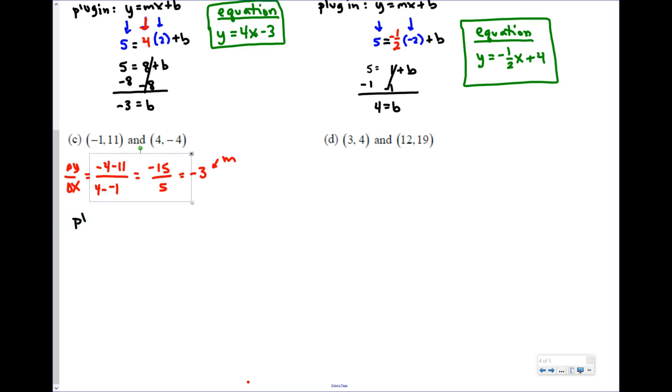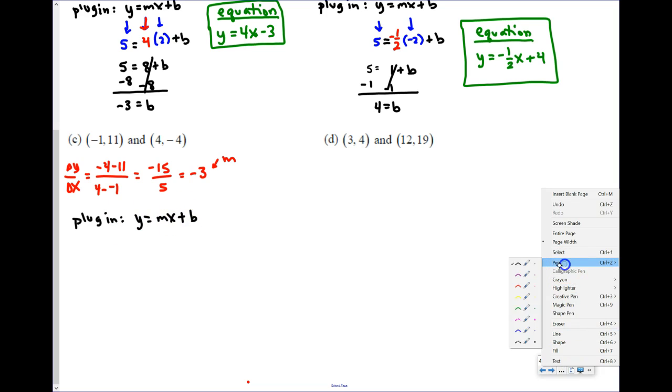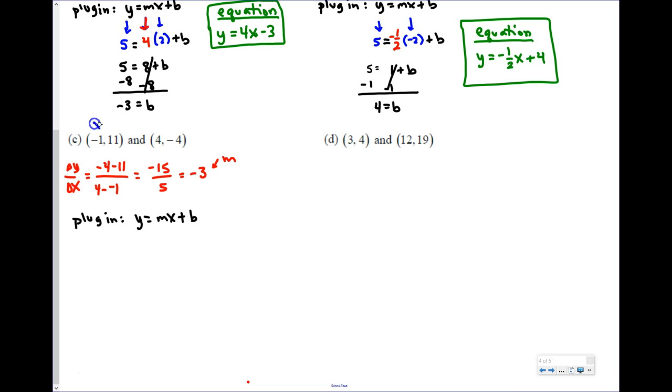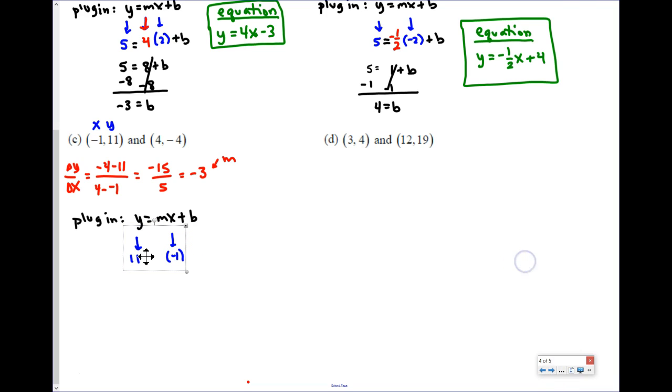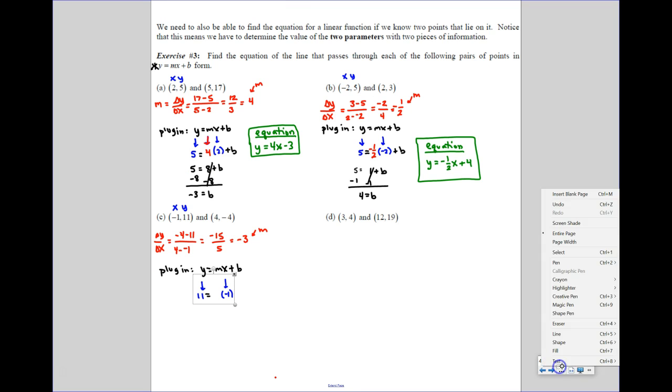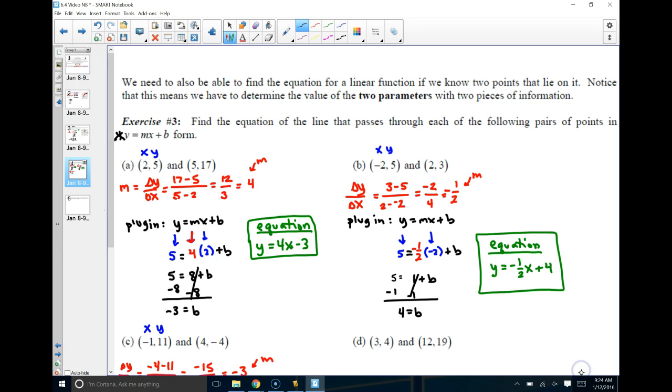So plug in to y equals mx plus b. I'm always going to use my first point as my x and my y, so label the x and the y. So y is going to be changed to an 11, x is going to be changed to a -1. Then we plug in the rest.